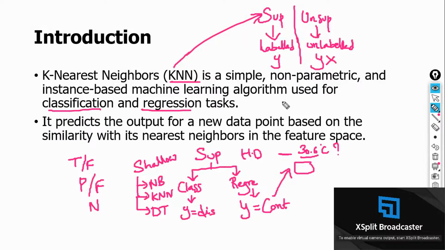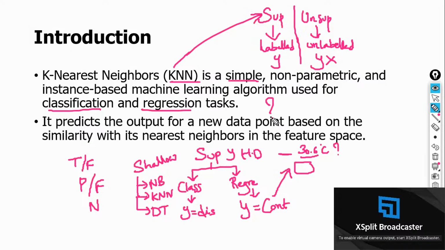So if you have a dataset and you want to build a model for predicting your output column, simply use KNN, irrespective of Y. The reason is it can be used for both tasks, classification and regression. And KNN is the simplest algorithm of machine learning.